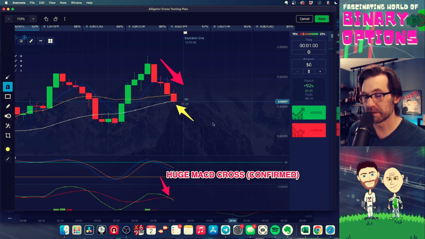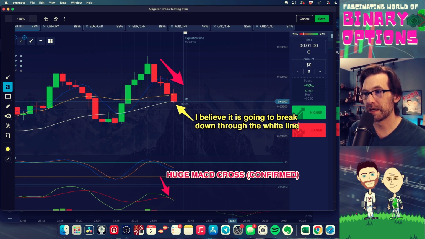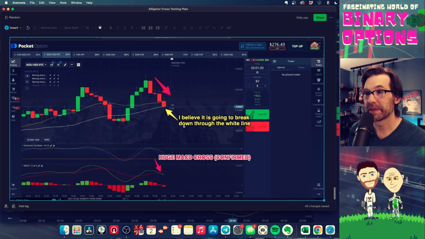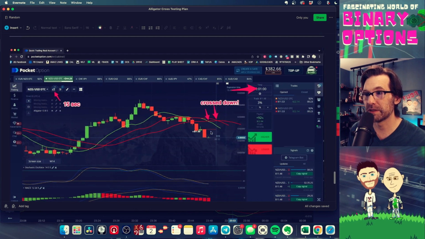I believe it is going to break down through the white line. Okay? It broke it here. It broke it before. And it had a huge MACD cross. I believed it was going to do that, and it actually did do that. And because of that, look how big the win was.